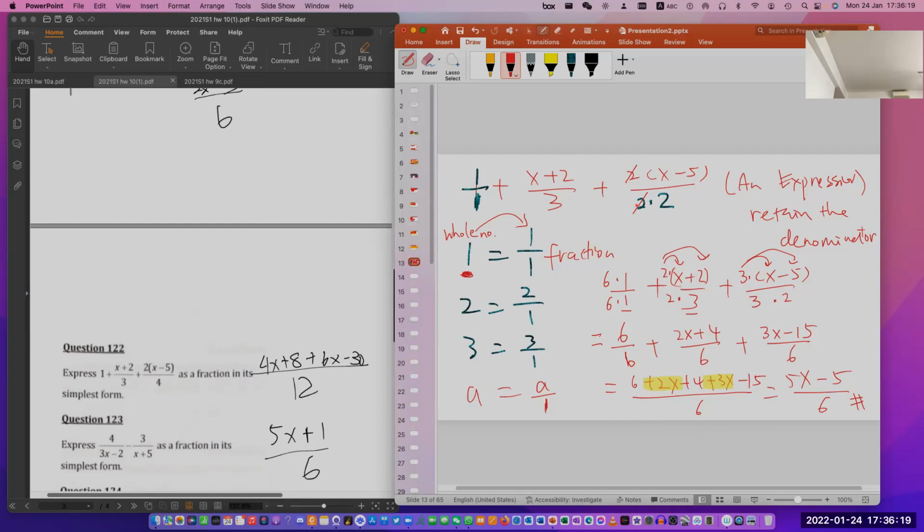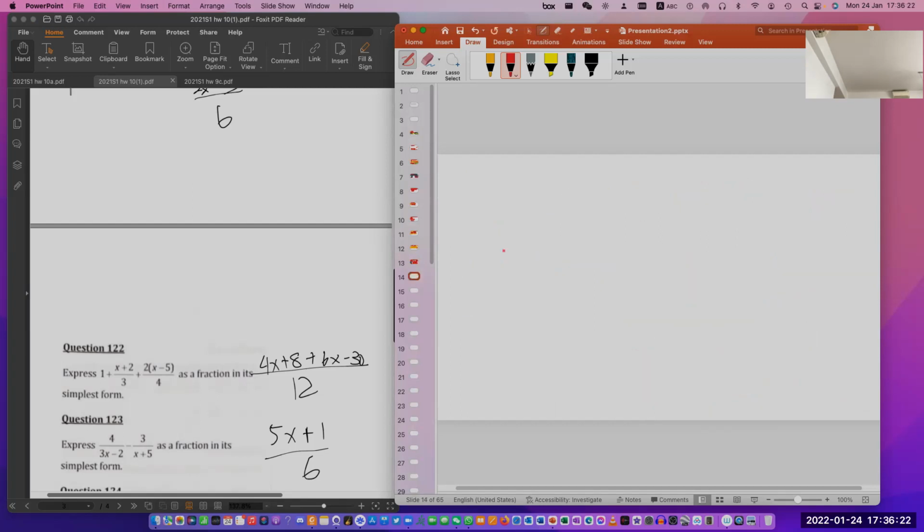So, which means if you can factorize and simplify, you do it first. You always factorize and simplify first if you can do it first.